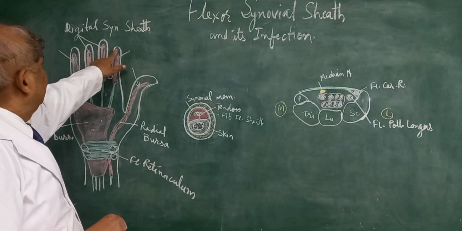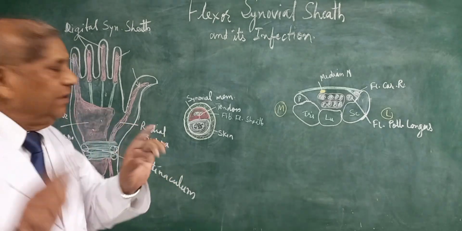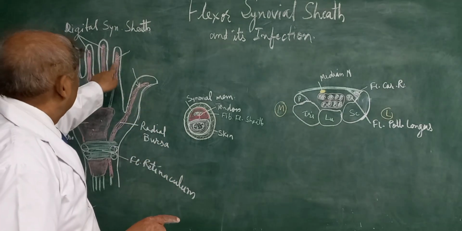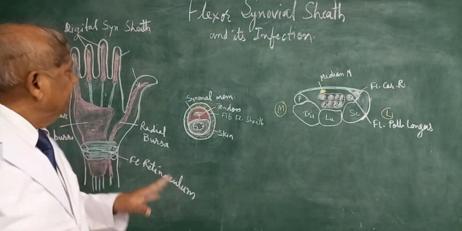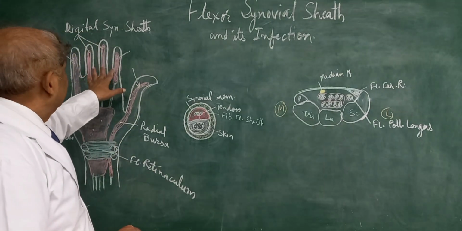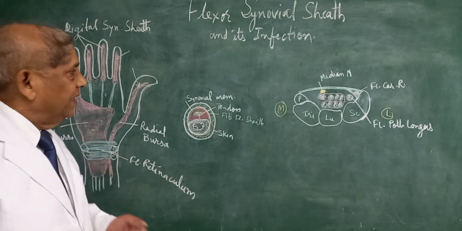The infection of the tip of the finger, called pulpy space infection, will not go into the digital synovial sheath. But when the synovial sheath itself is infected, then it will spread over a distance.